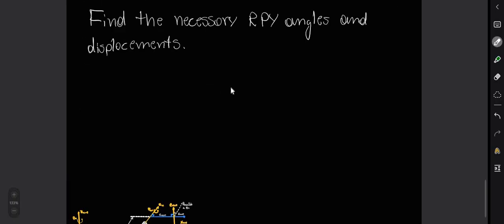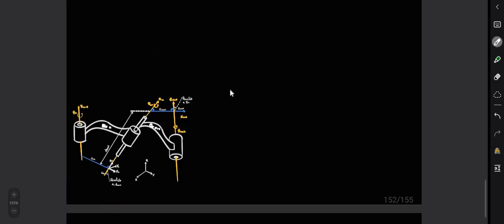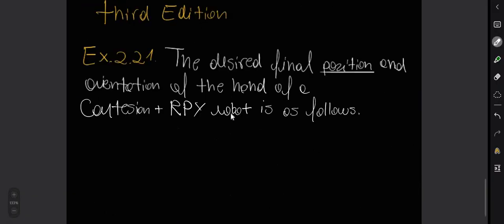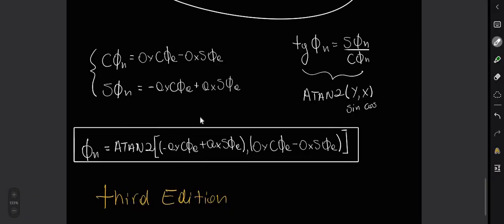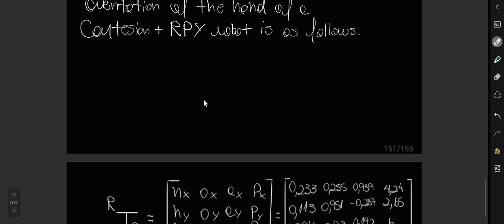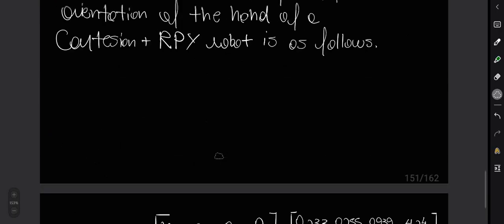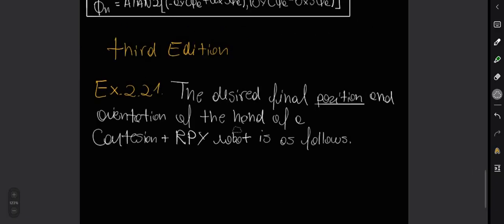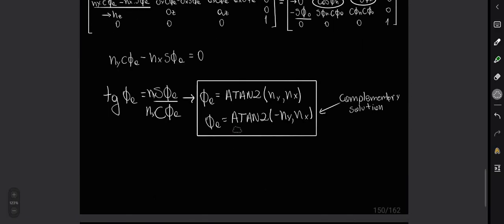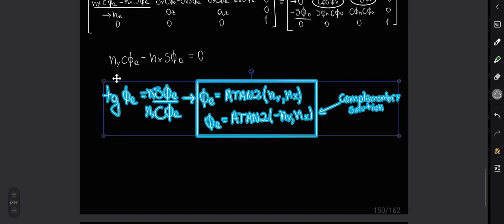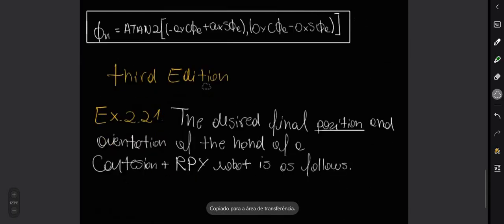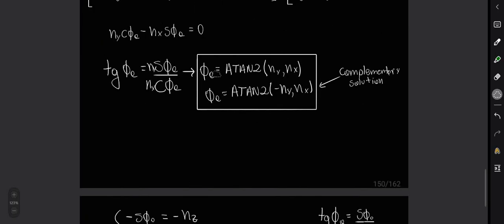Okay, so we will need these solutions. Let me copy these solutions. We have solved it for A. I just need to copy this.